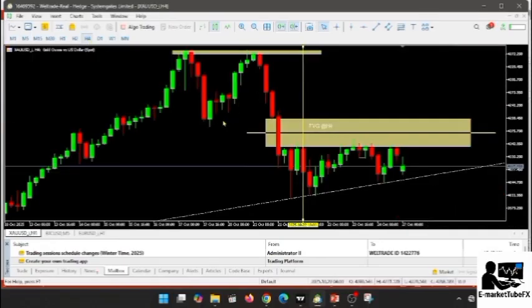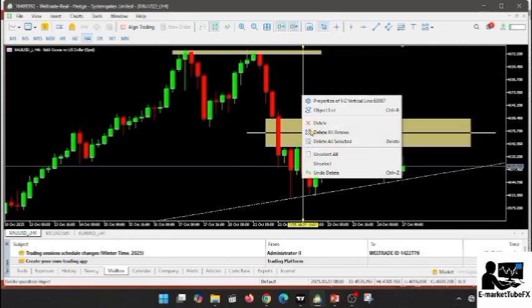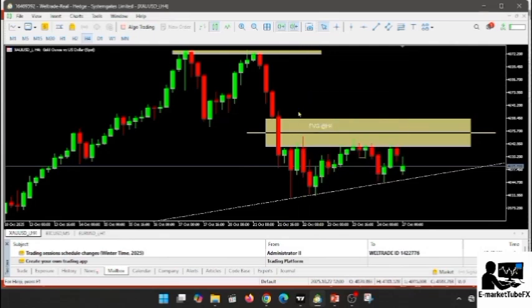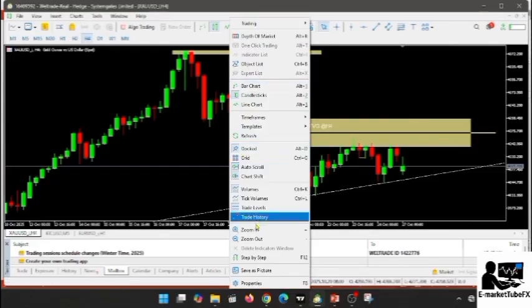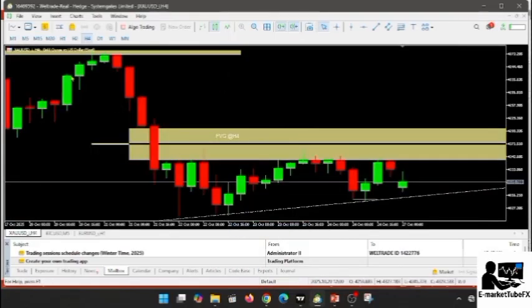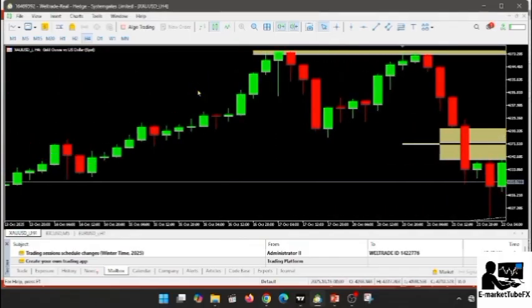With this, these institutional traders have swept liquidity, and it's a confirmation that market is coming down. Look at this wick. This wick went up, or these market makers pushed price up to clear the liquidity at the swing high.